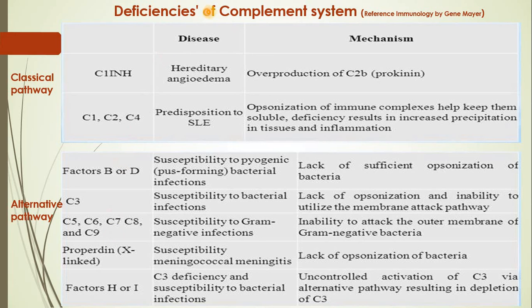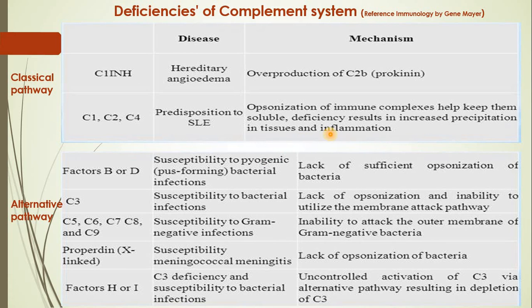So what if there is deficiency of complement system? It results into certain kind of disorders which could be hereditary or could be developed in the lifetime. So if the deficiency is seen with reference to C1, C2, C4, it causes predisposition to SLE, wherein the deficiency results in increased precipitation into the tissue and inflammation.